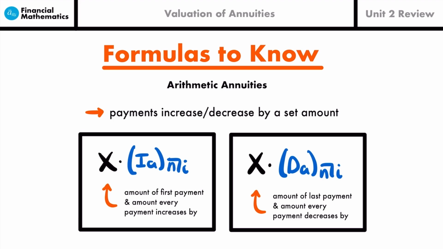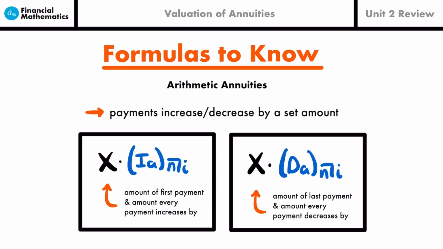But when working with an arithmetic increasing annuity formula, the value of x, or the amount that you multiply by that formula, needs to be the amount of the first payment and the amount that every payment increases by. Okay, so if you multiply this formula by 100, 100 better be the amount of the initial payment and the amount that every payment increases by.